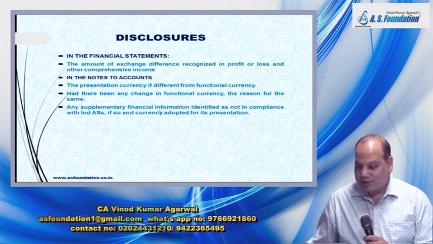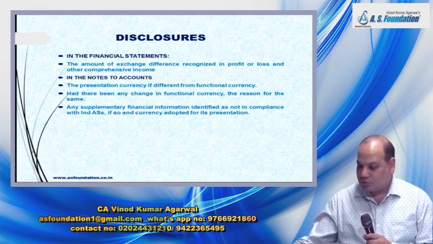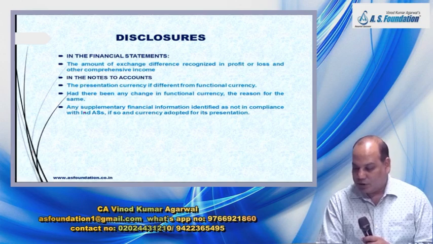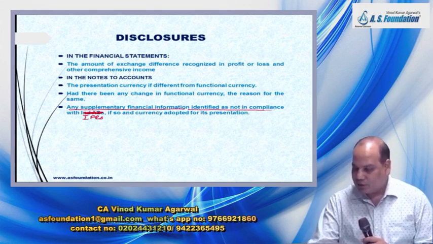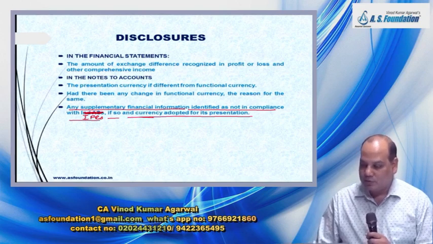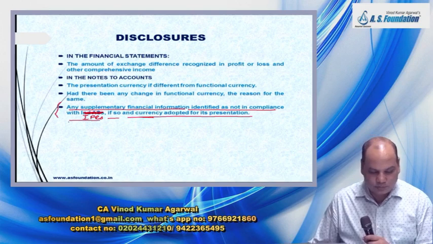And any supplementary financial information not in compliance with IFRS, if so adopted, and the currency adopted for its presentation. So if there is any deviation, this is what I understand.